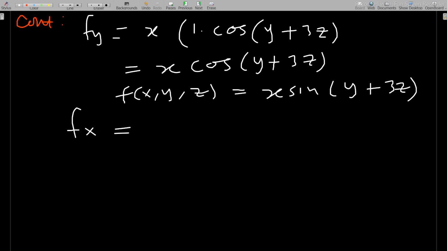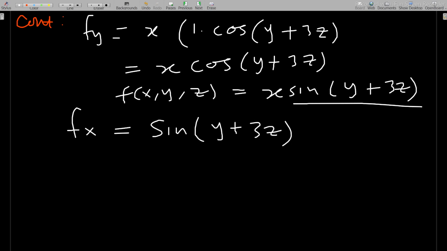If I want to differentiate the whole of this with respect to x, these are all constants because there's no x here, so I only differentiate x with respect to x, and I get 1, so I get sine of y plus 3z. That will be the solution to that question.